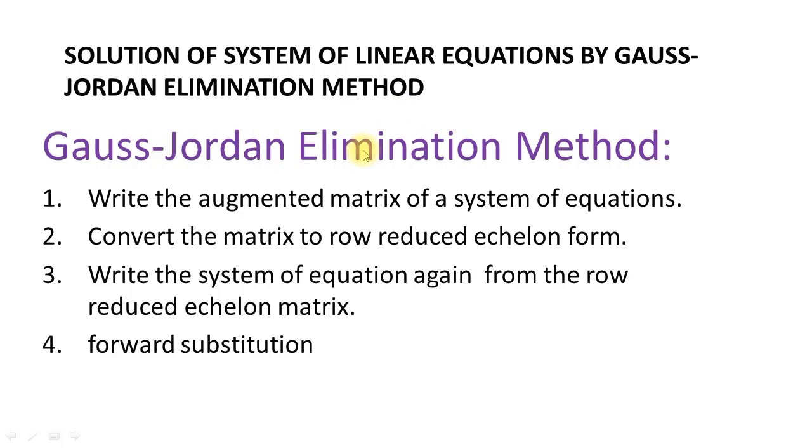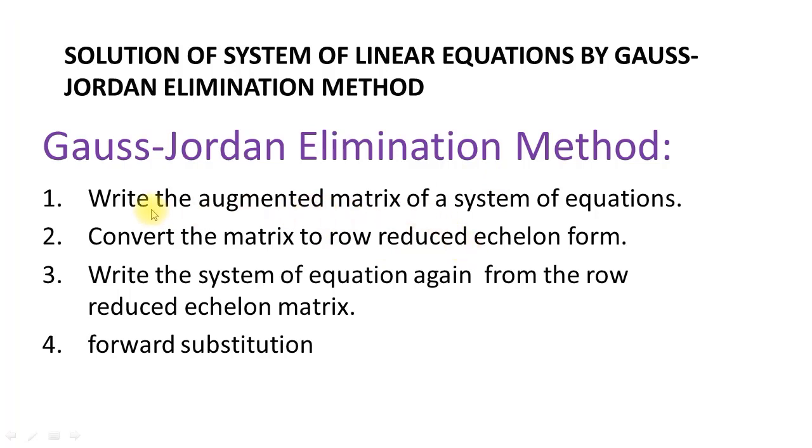In Gaussian elimination method, we reduce the augmented matrix into row echelon form for the solution of system of linear equations. But for the solution of system of linear equations by Gauss-Jordan elimination method, we reduce the augmented matrix into row reduced echelon form.